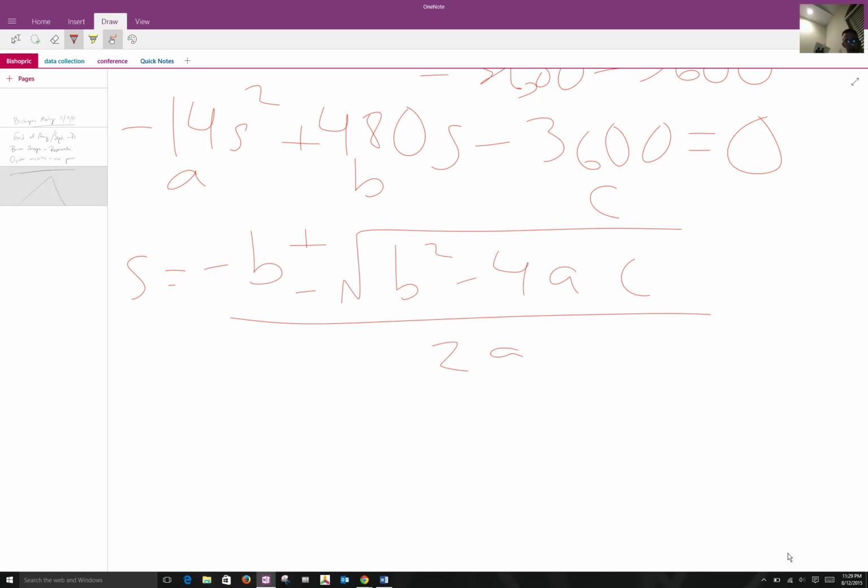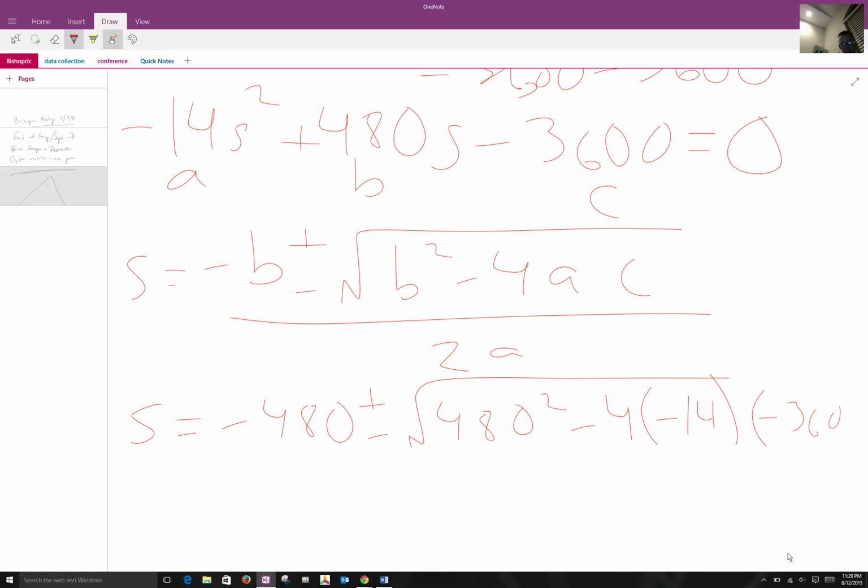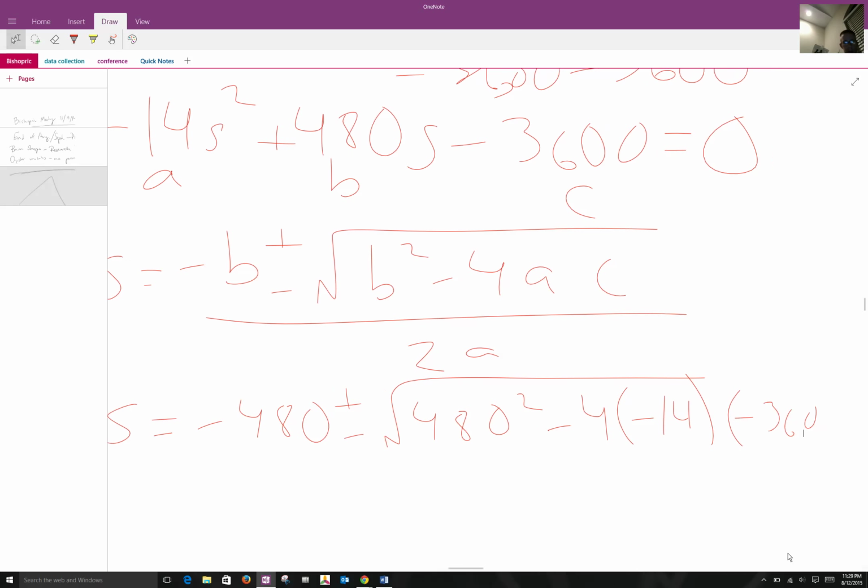So s is equal to negative 480 plus or minus the square root of 480 squared minus 4 times negative 14 times negative 3600. I'm losing room here. Let's see if I can make that up. That's a 6, by the way, right there. And that's all over 2 times negative 14.